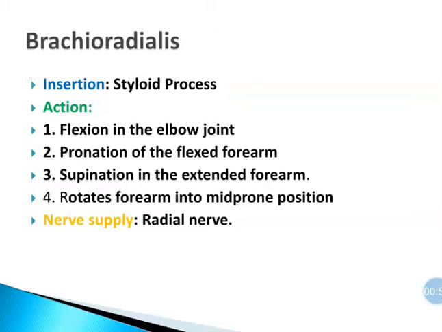Its actions are flexion in the elbow joint, pronation of the flexed forearm, and supination in the extended forearm. That means it rotates the forearm into the mid-prone position. The nerve supply is the radial nerve.